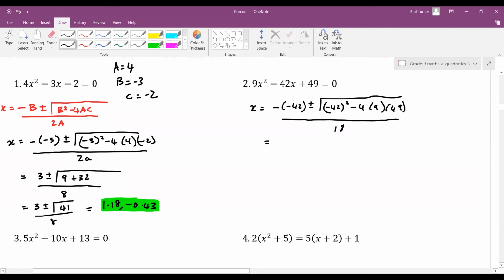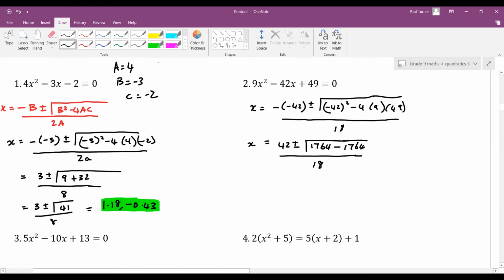If you were trying to complete the square here, you can see this would be quite hard, wouldn't it? Because there's lots of fractions involved with this one. But this one ends up being 42 plus or minus root 1764 minus 1764. So I think you can stop here because you're only going to get one solution, aren't you? Because this will become 0 on 18.